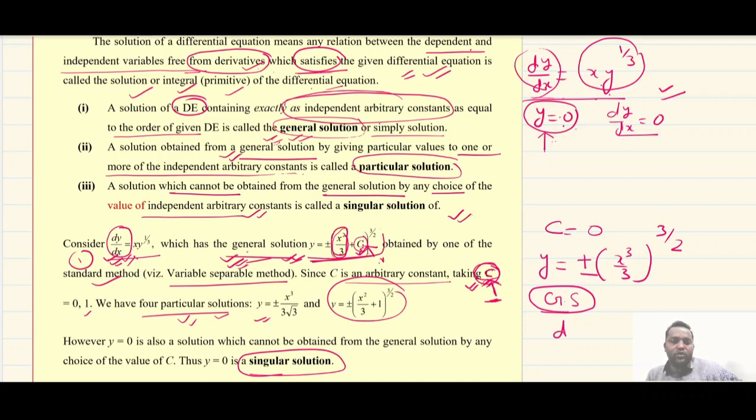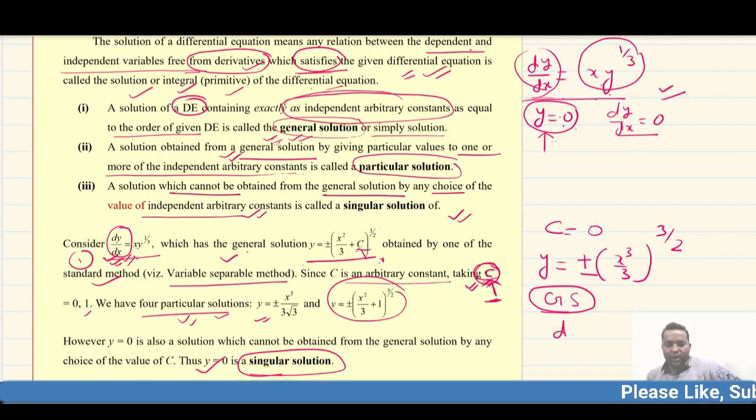So y equal to 0 cannot be obtained from this general solution by any choice of the parameter C, but still y equal to 0 satisfies this differential equation. Such types of solutions are said to be singular solutions.